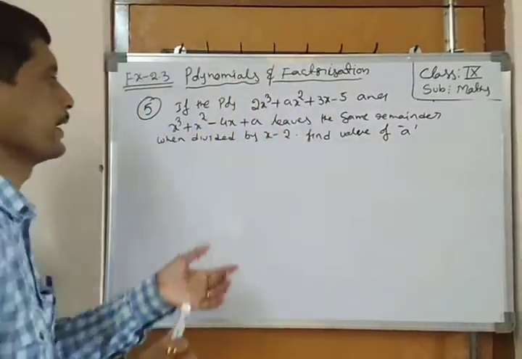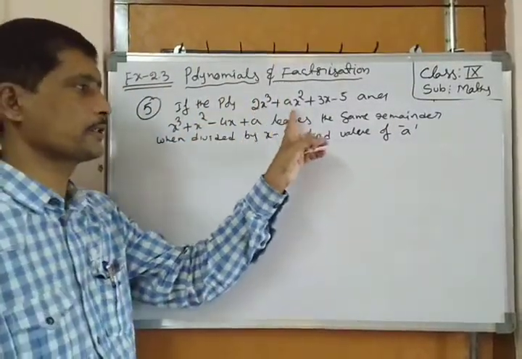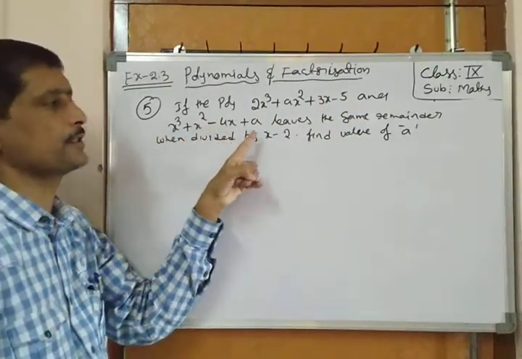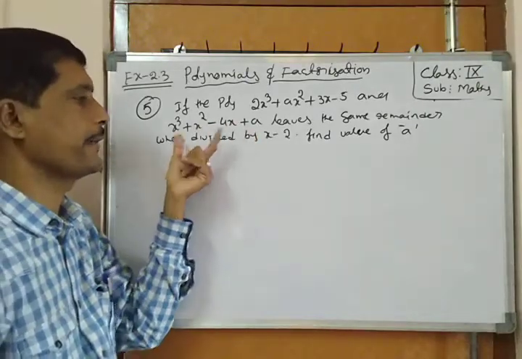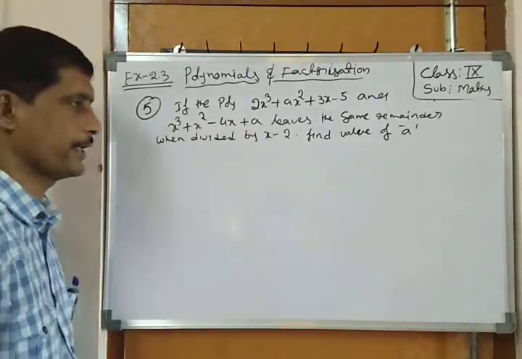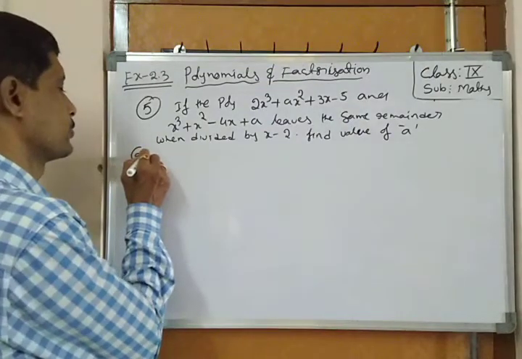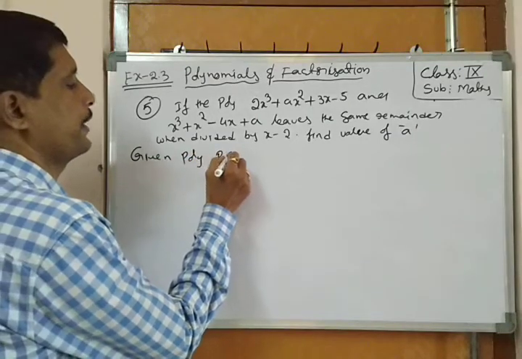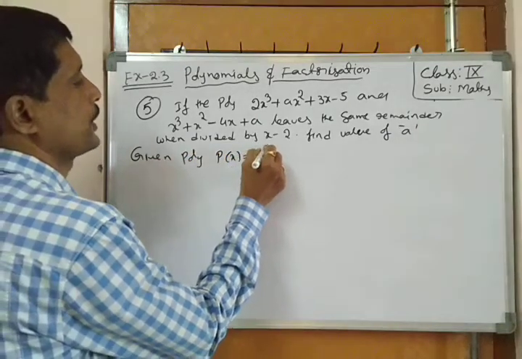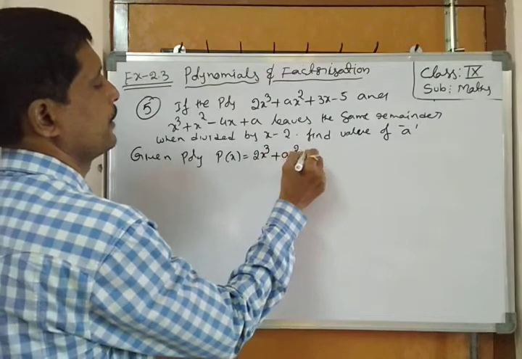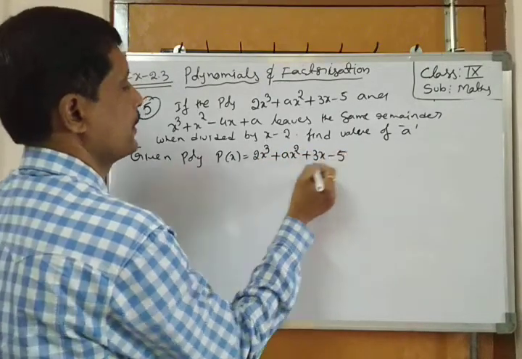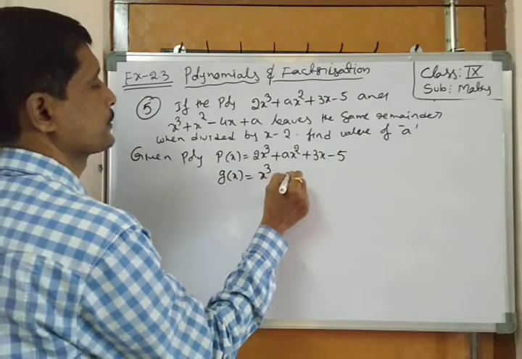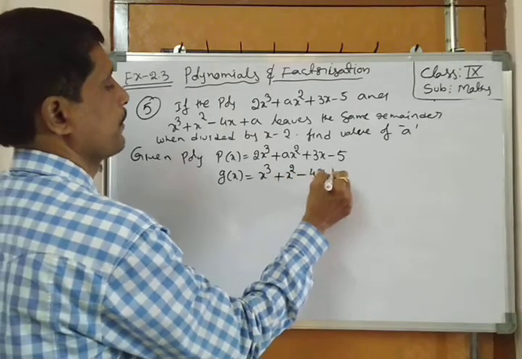Here, if the polynomials 2x cube plus ax square plus 3x minus 5 and x cube plus x square minus 4x plus a leave the same remainder when divided by x minus 2, find the value of a. Two polynomials are given: p of x equal to 2x cube plus ax square plus 3x minus 5, and g of x equal to x cube plus x square minus 4x plus a.